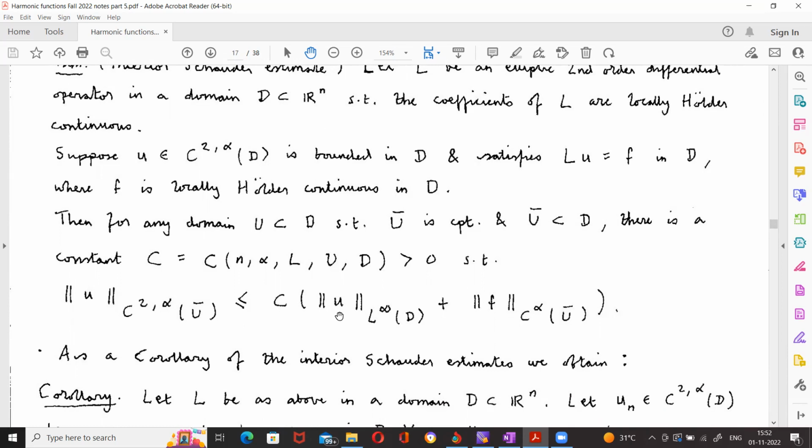This is less than C times the L infinity norm on D, we're assuming u is bounded in D, plus the C alpha norm of f on U closure, where Lu is equal to f. This constant depends on the subdomain U. As the subdomain grows and becomes all of the domain, this constant could go to infinity.